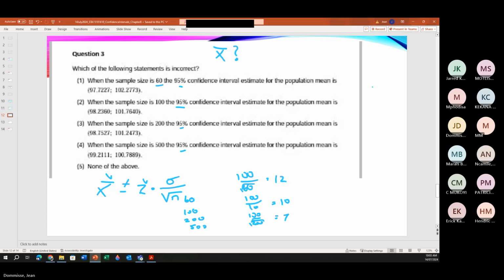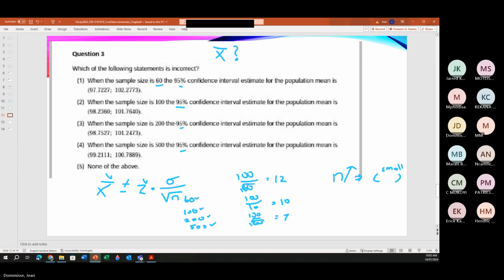So the bigger n becomes, the smaller your confidence interval becomes. Okay, so as we increase the sample size, the better your prediction becomes.